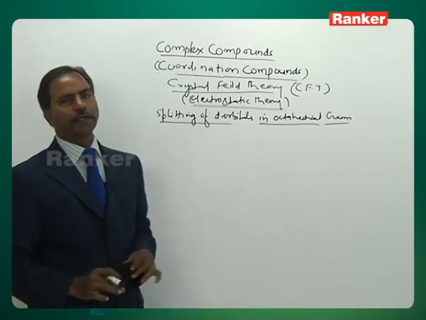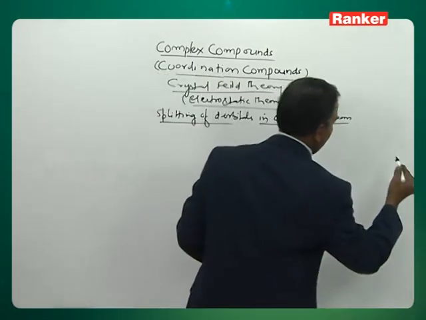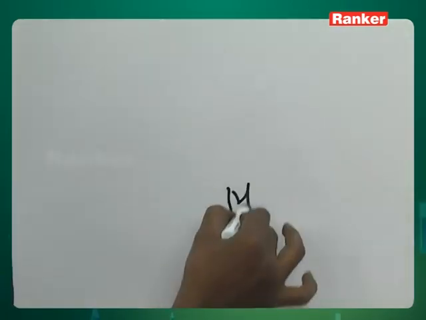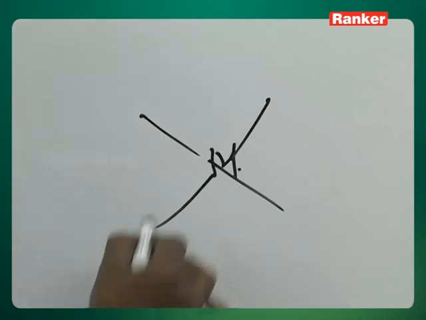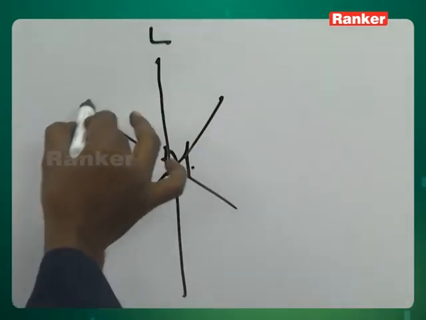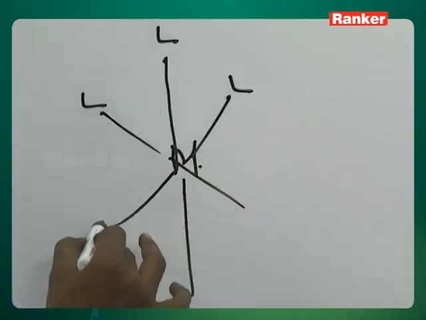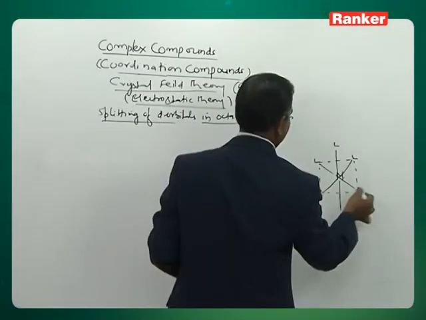Then, based on the diagram, we can easily understand and explain the splitting of d orbitals. Now, I am putting a complex here, M, octahedral geometry, I am writing.